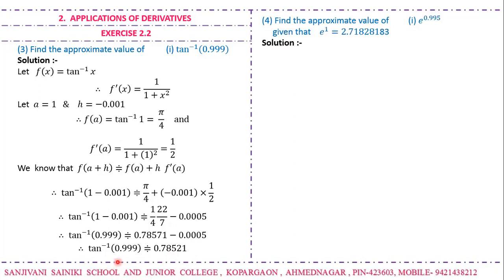Now the next example, here we have to find the approximate value of e to the power 0.995, and it is given that e raised to 1 is 2.71828183. Now the obvious function is e raised to x. We don't have another choice for the function. So its derivative is again e raised to x. Now here you have to choose a is 1 and h is minus 0.005.